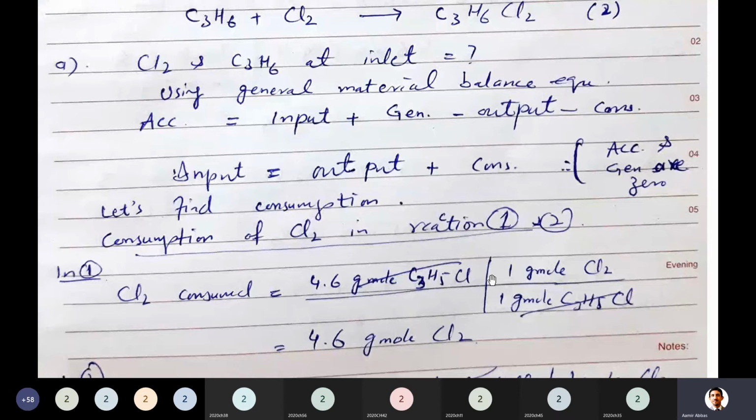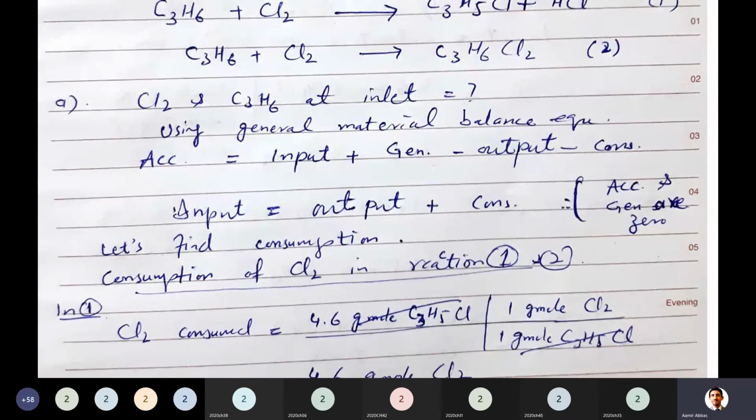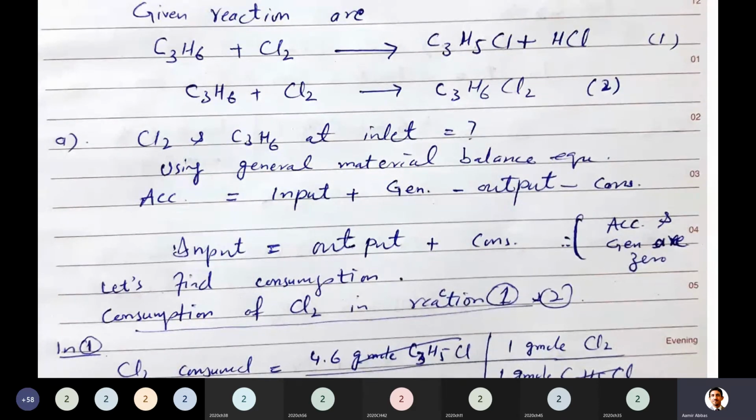For 1 mole of C3H5Cl produced, how many moles of chlorine are consumed? That's the stoichiometric ratio, 1 mole of Cl2 versus 1 mole of C3H5Cl. And where did this ratio come from? It is based on the stoichiometric equation, the reaction equation.